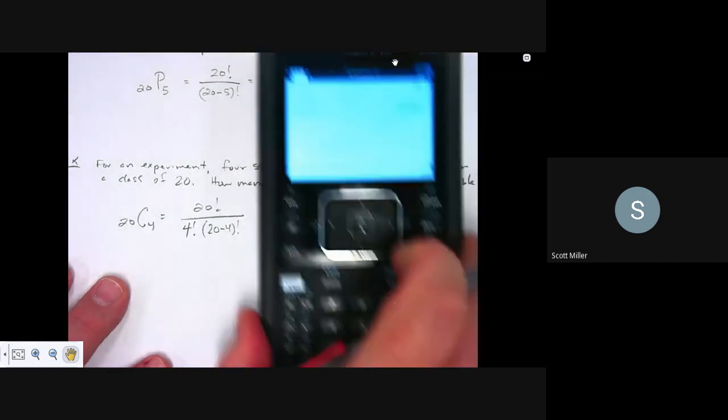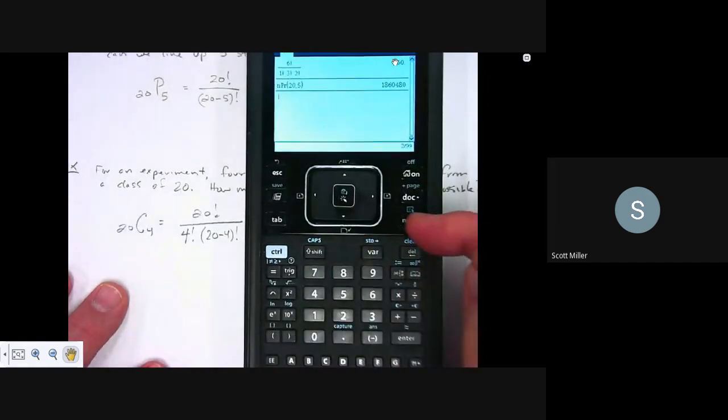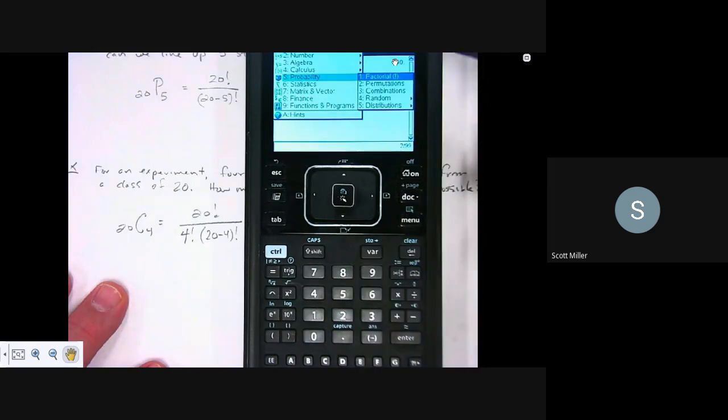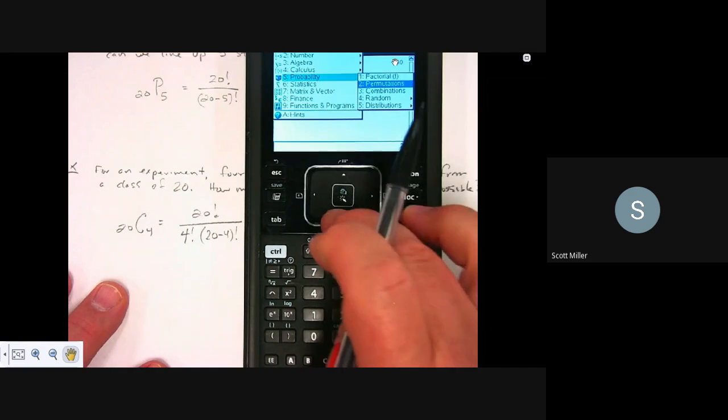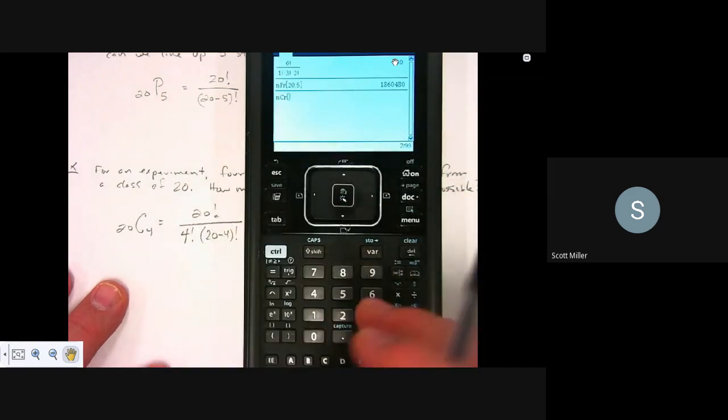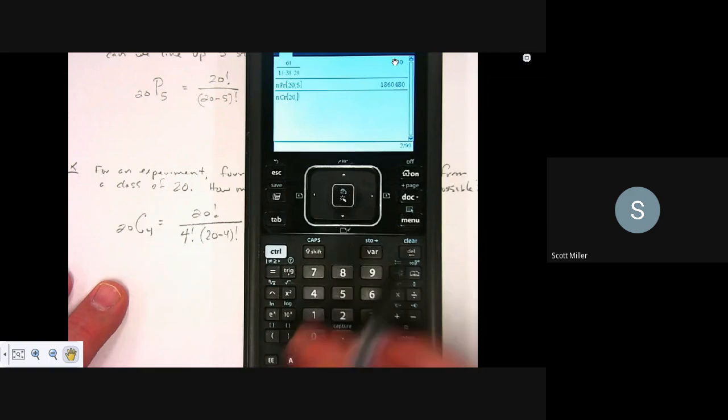Again, we can use our calculator. If you remember that we did this over here. In the calculator portion over here, we can push menu, number 5 for probability, and combinations are number 3 on our list right here. And you'll see nCr. And you do the same thing. 20, comma, 4. Enter.